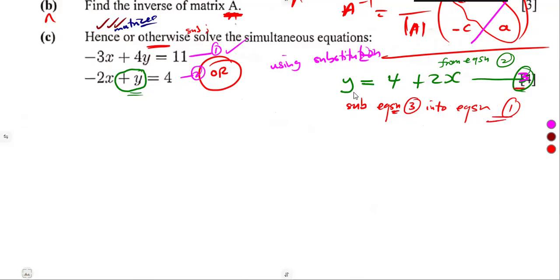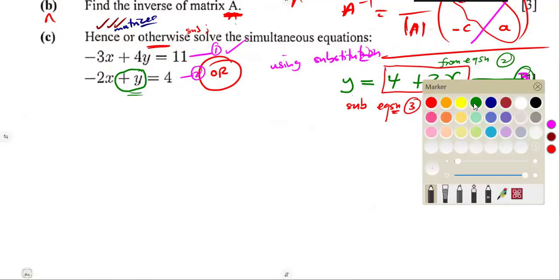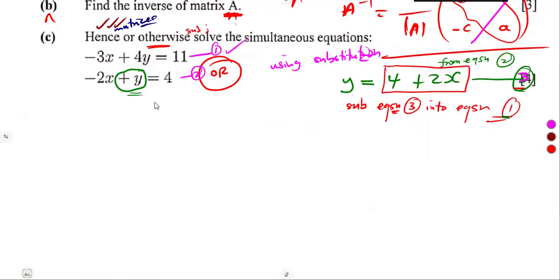So substitute whatever that we are given on equation 3 into equation 1. So meaning to say in place of y, which is 4 plus 2x, we are going to substitute in place of y in equation 1. So that was going to be minus 3x plus 4y. So take note, it's 4y there. The y part is the one that we are going to substitute with this equivalent that we are seeing here, which is the 4 plus 2x.